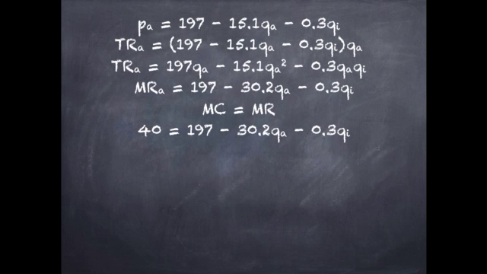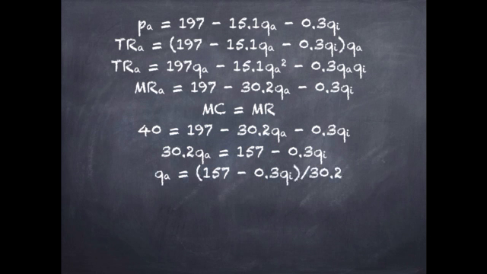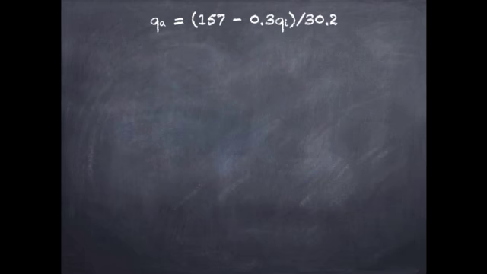If we add 30.2 QA to both sides and subtract 40 from both sides, we end up with 30.2 QA equals 157 minus 0.3 QI. And if we divide by 30.2, we end up with QA is equal to (157 minus 0.3 QI) divided by 30.2. So that's the response function for AMD.